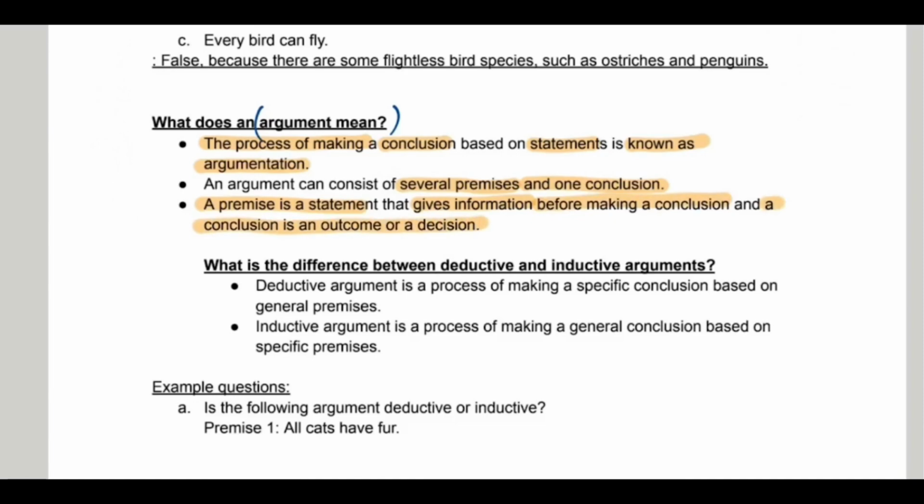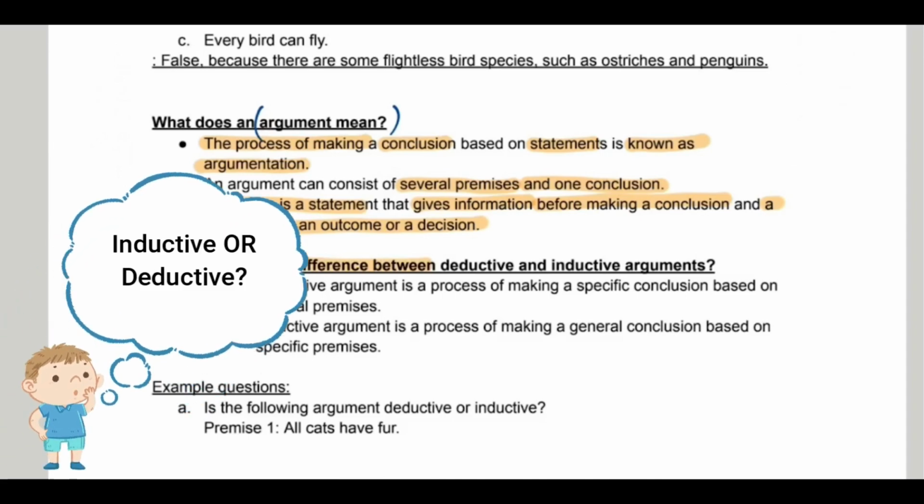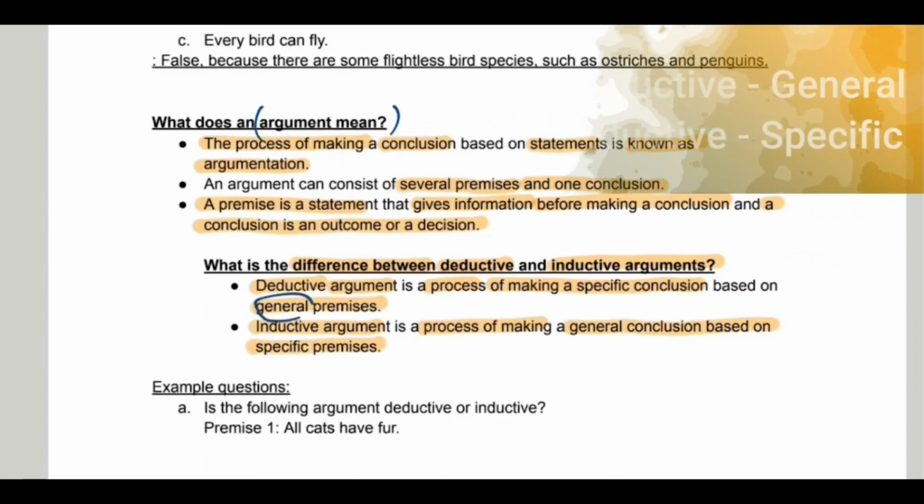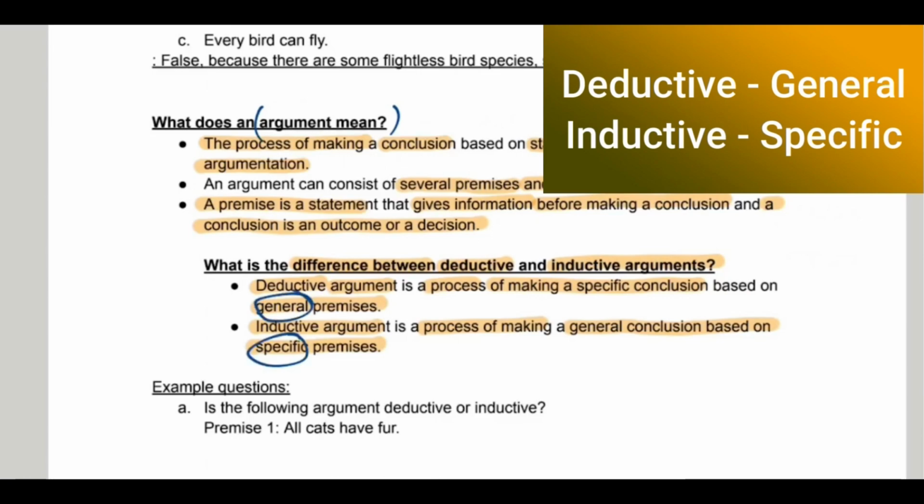What's the difference between deductive and inductive arguments? A deductive argument is a process of making a specific conclusion based on a general premise. An inductive argument is a process of making a general conclusion based on specific premises. So the difference is general premise and specific premise.